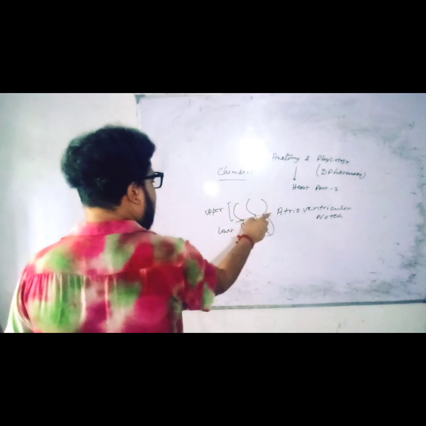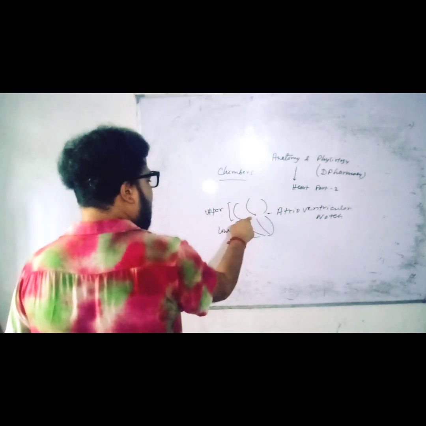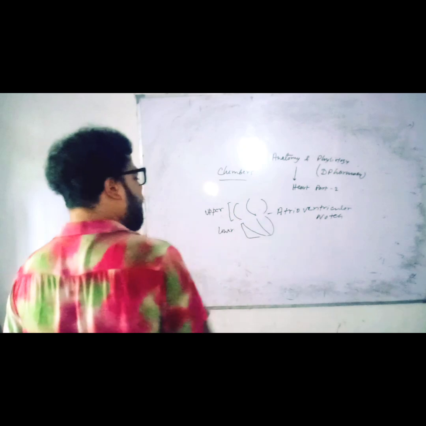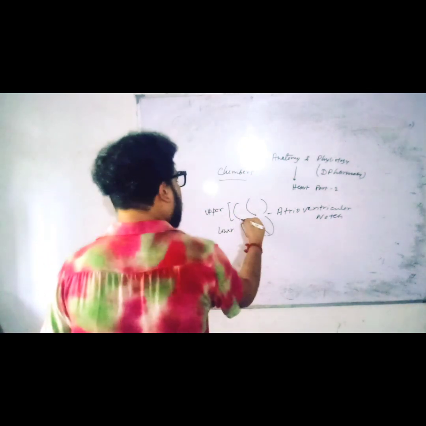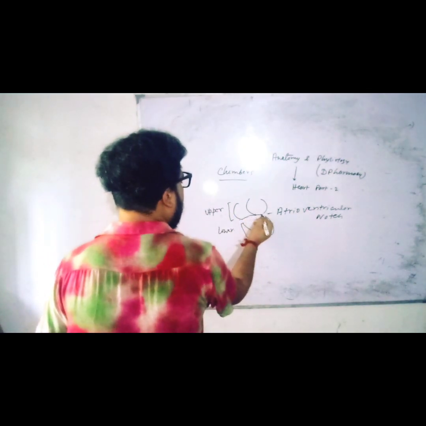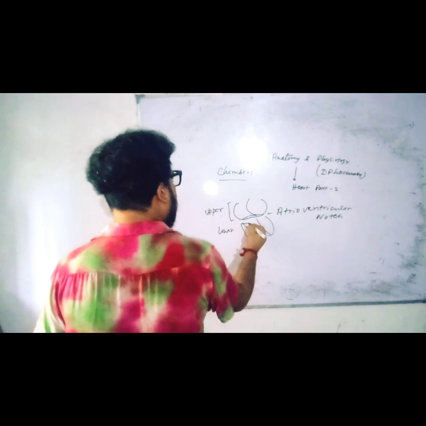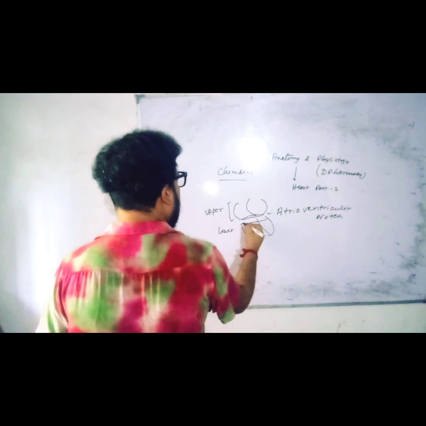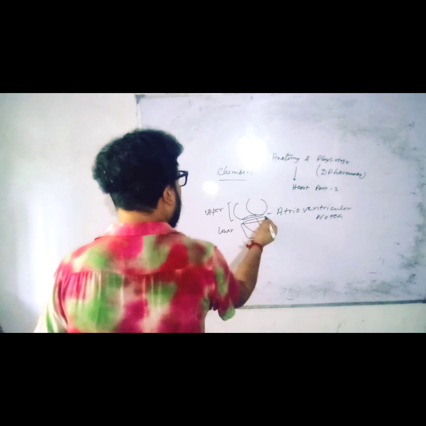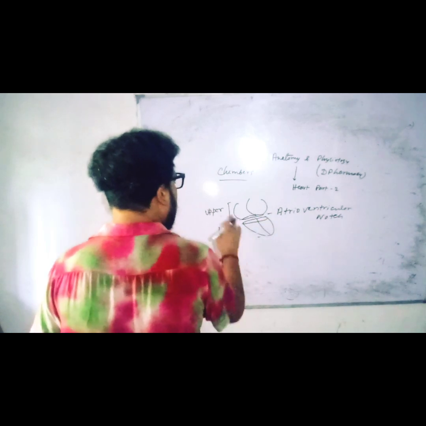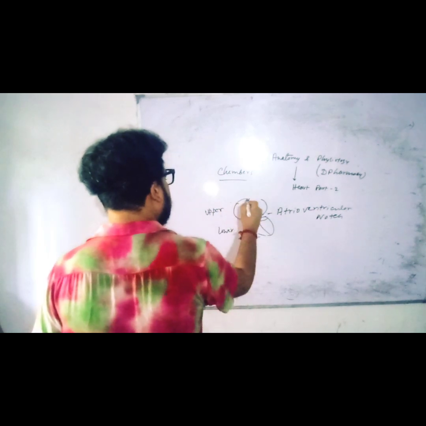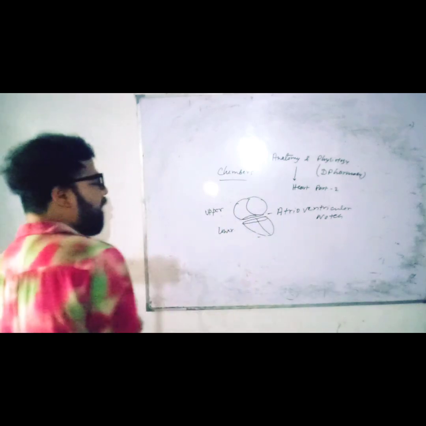If you divide your heart along the atrioventricular line, you will get two parts.